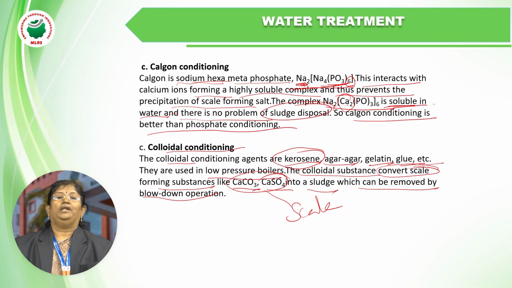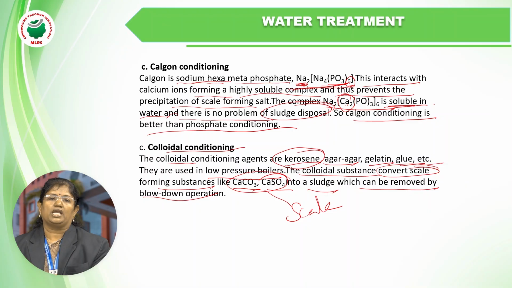So these are the internal treatment, that is what we have discussed. These are all about the internal treatment as well as the external treatment we have discussed now. For the softening of hard water, external treatment involves the ion exchange method, which has a cation exchanger, anion exchanger, and degasifier.